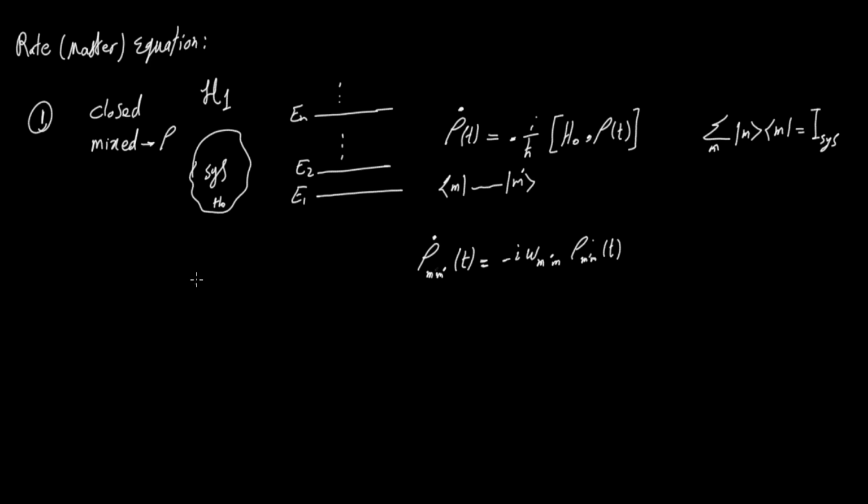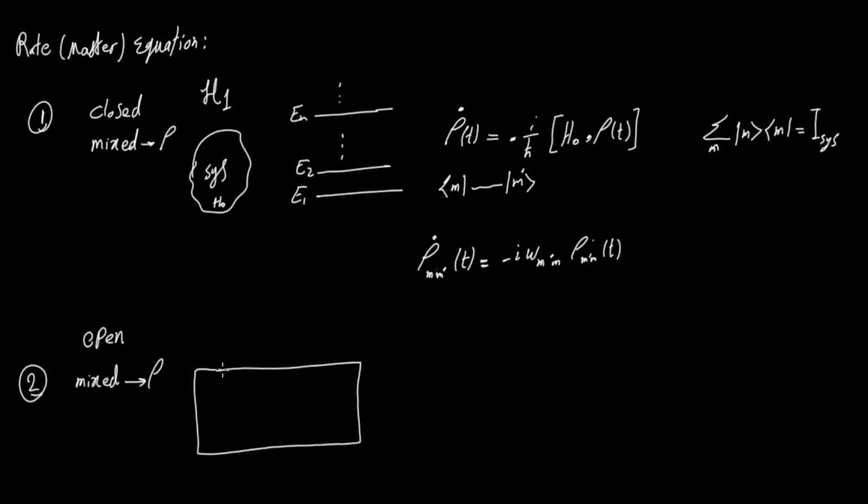let us imagine that in the second case, our system is no longer a closed system, and therefore is an open system, and it is obviously still a mixed system, which again needs to be represented by a density matrix. And this time we have an environment which is defined in another Hilbert space. So we have the first Hilbert space, in which the system is defined with an intrinsic Hamiltonian of H0.